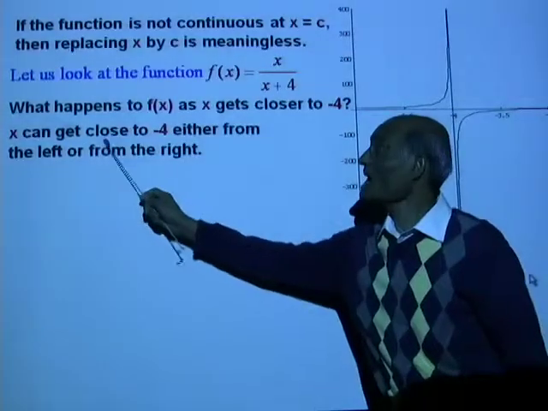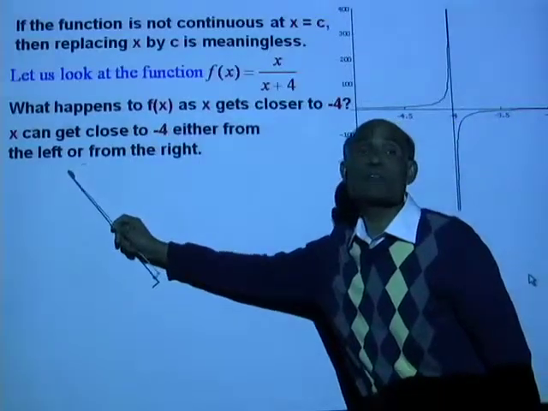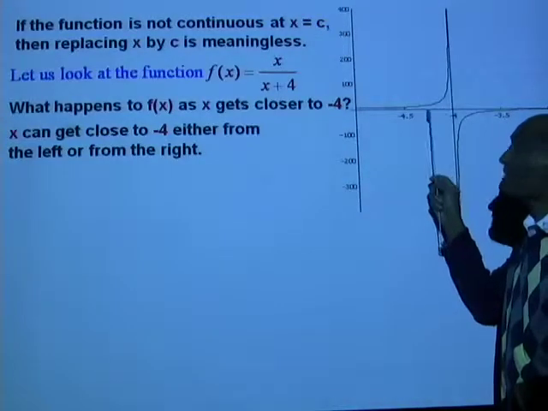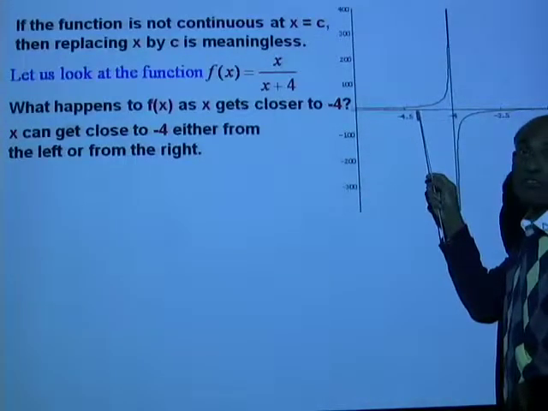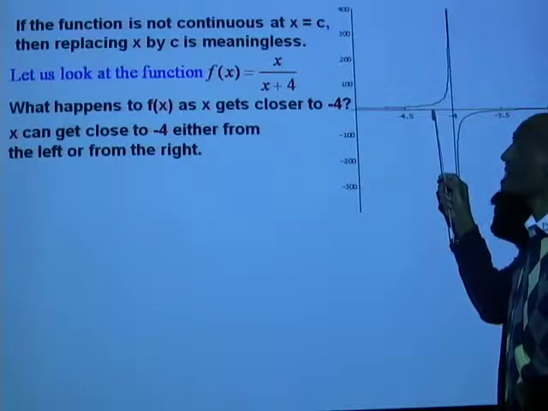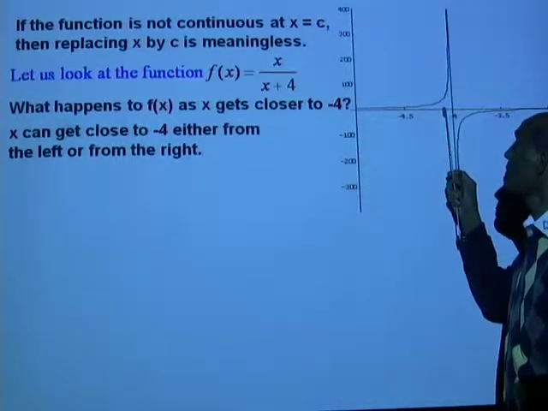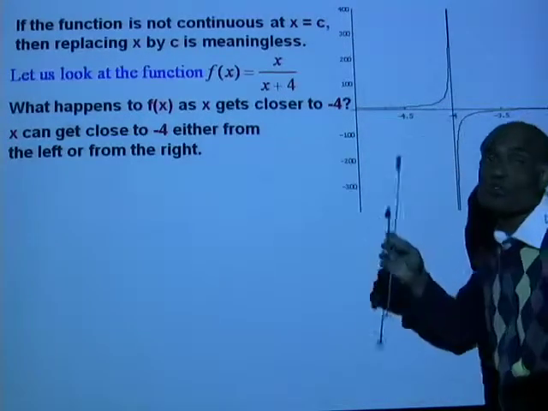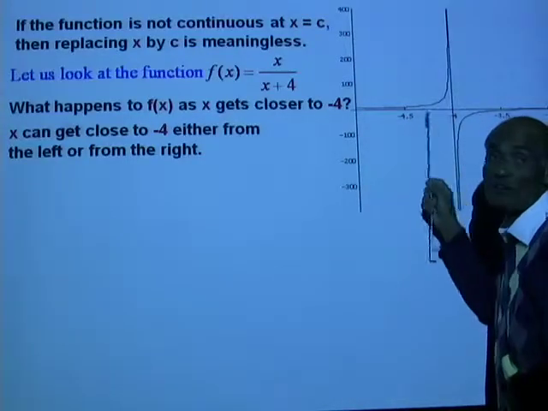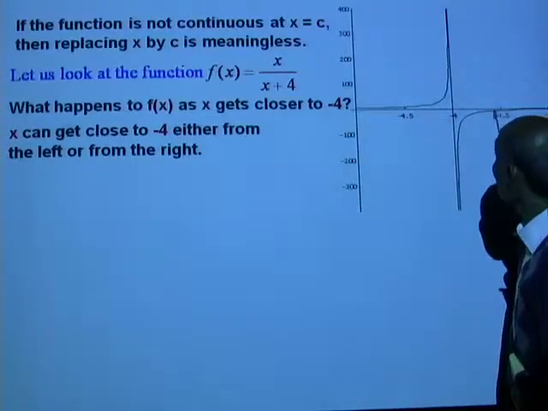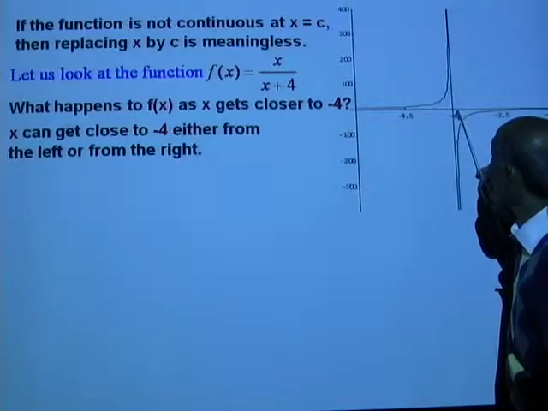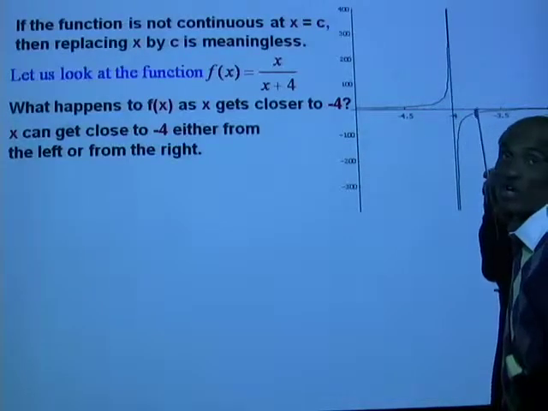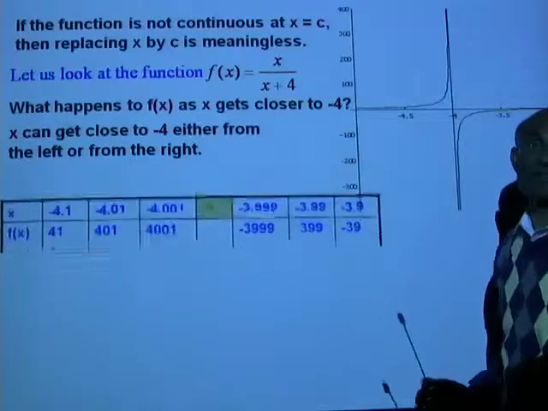I hope you understand that. x can get closer from the left as negative 4.5, negative 4.4, negative 4.3, negative 4.2, negative 4.1, negative 4.01, negative 4.001, getting very close to negative 4 from the left. Similarly from the right, negative 3.9, negative 3.99, negative 3.999 is getting closer and closer to negative 4 from the right.